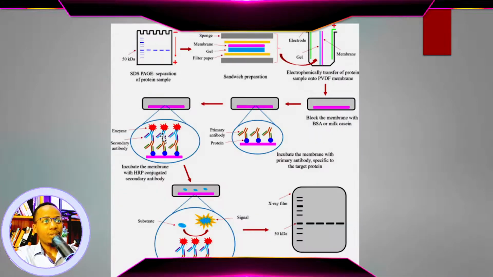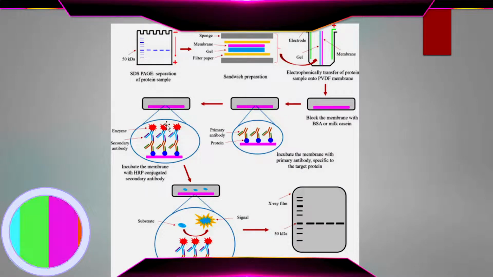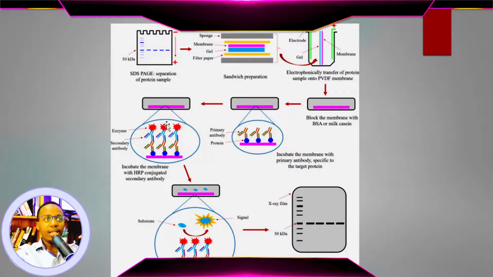And an even more common one, way more common, is called Western blot. Western blot is for proteins, but it's the same idea. You start with your sample, you run it through the SDS-PAGE, and then you transfer your sample to a membrane, right?